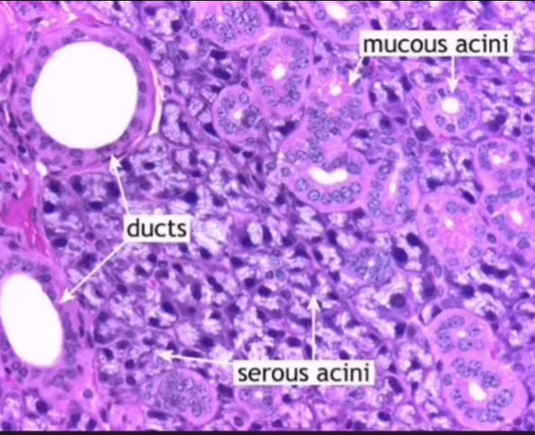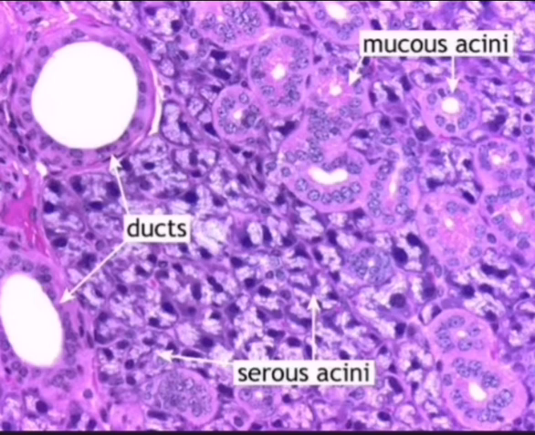Now the darker staining round structures are here. These are the serous acini. Always remember which type of staining is used. The serous acini will be darker and the mucous acini will be lighter.